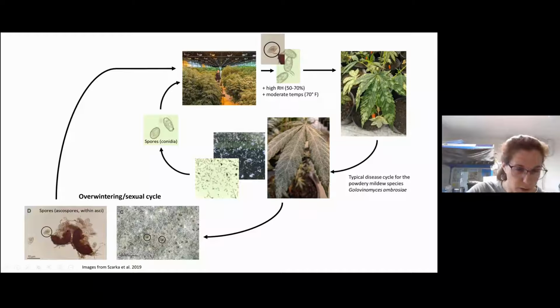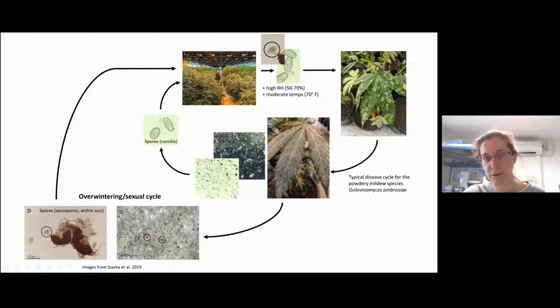So what you're looking at here is a chasmothecium that's been broken up, that's been smashed to release the asci and ascospores within them. And so when conditions become favorable again, like in the springtime, these chasmothecia will open up, they'll germinate, they'll release the ascospores from the asci, and then here we start the cycle, landing on healthy foliage.